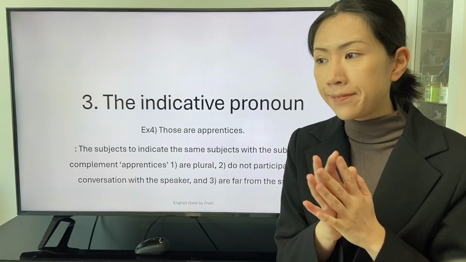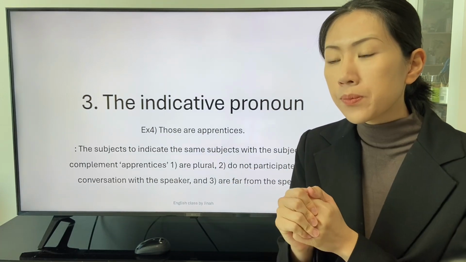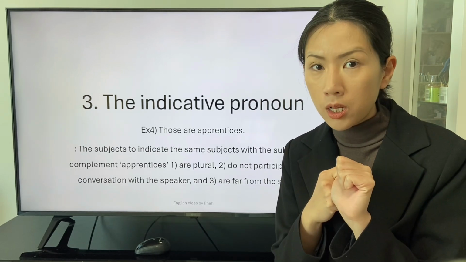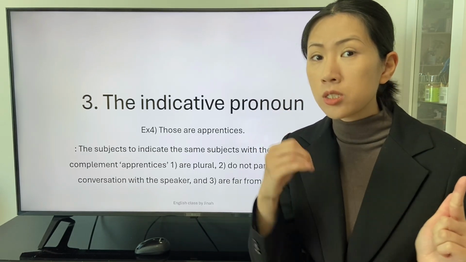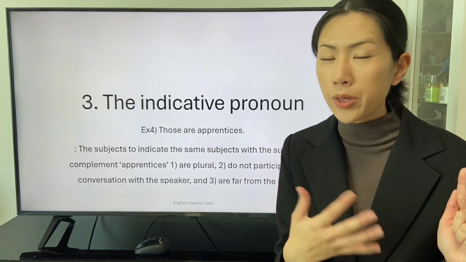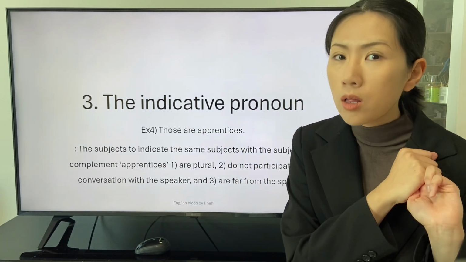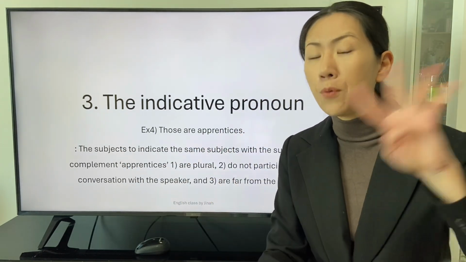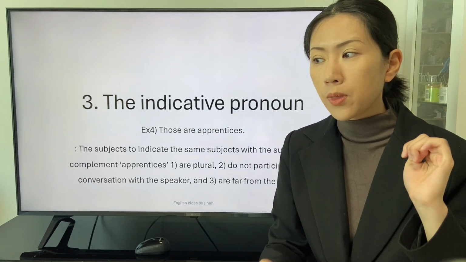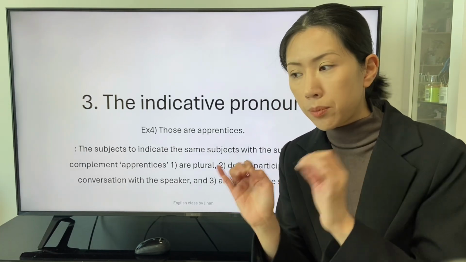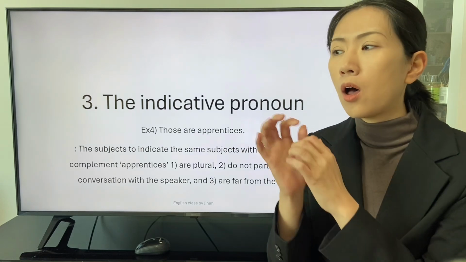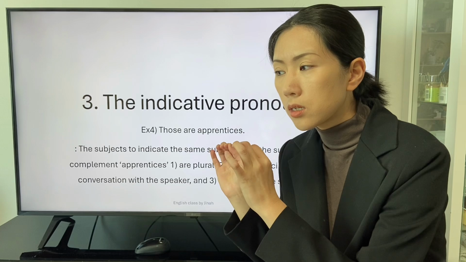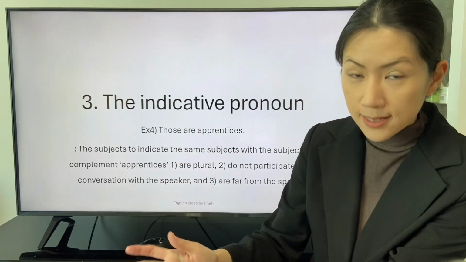The indicative pronoun those reveals that the objects are plural. The objects do not participate in the conversation with the speaker, and the objects are far from the speaker. Within the four exemplary clauses, we can know that the indicative pronoun indicates both a person or a thing and people or things.